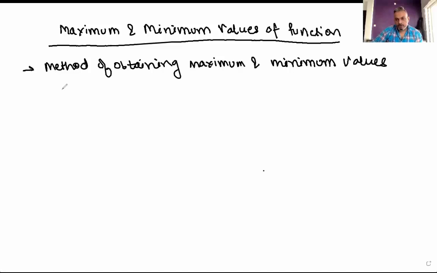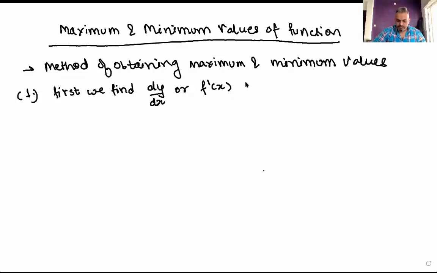So these are important steps. So step number one is, now the steps are very simple. Okay. First, we find first order derivative d y by d x, or f dash x, of a function. So we find first order derivative.